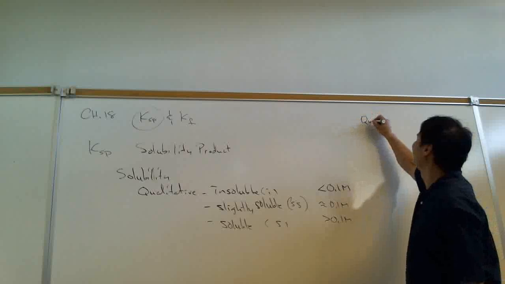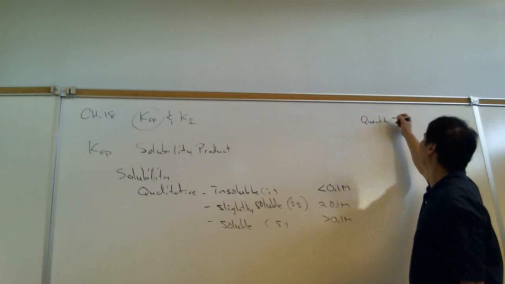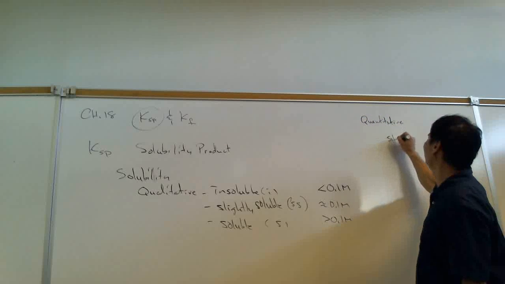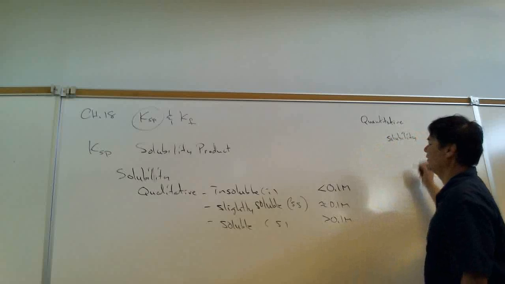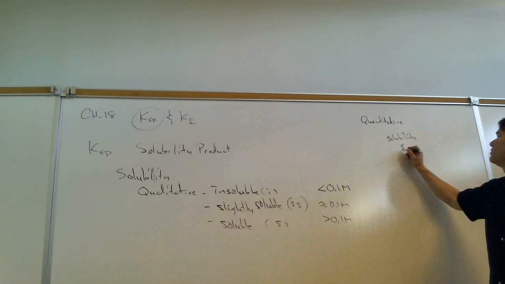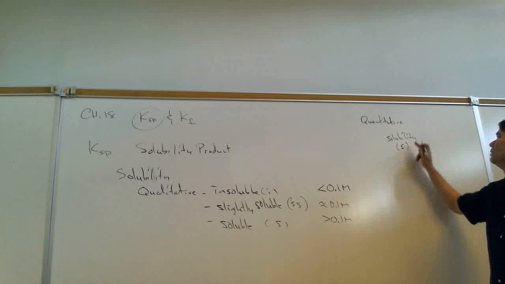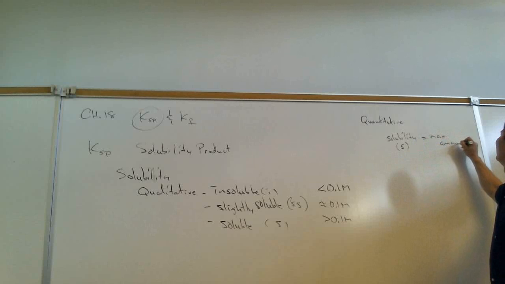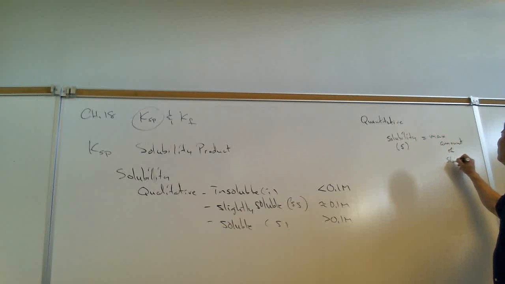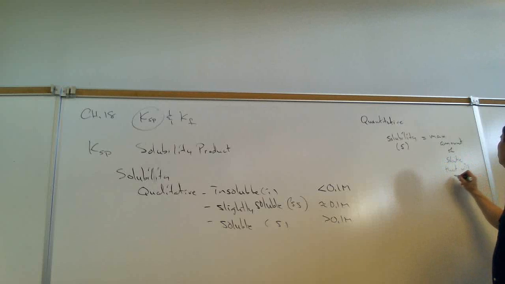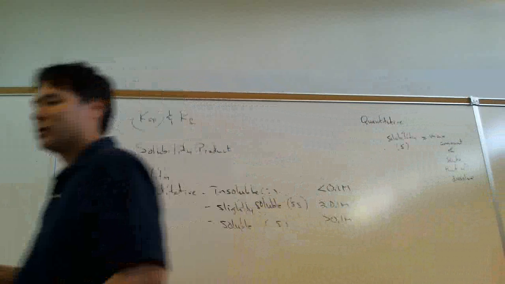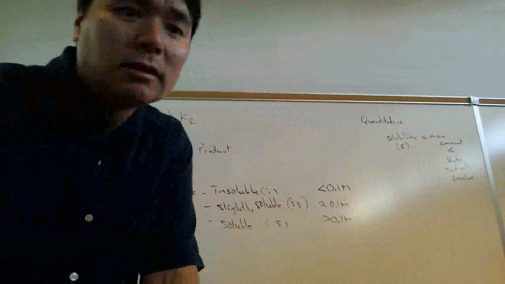And so quantitatively, solubility, which might be confusing because we'll give the symbol S to solubility here, is equal to the max amount of solute that will dissolve in a given amount of solvent or solution. Okay, this is recording.